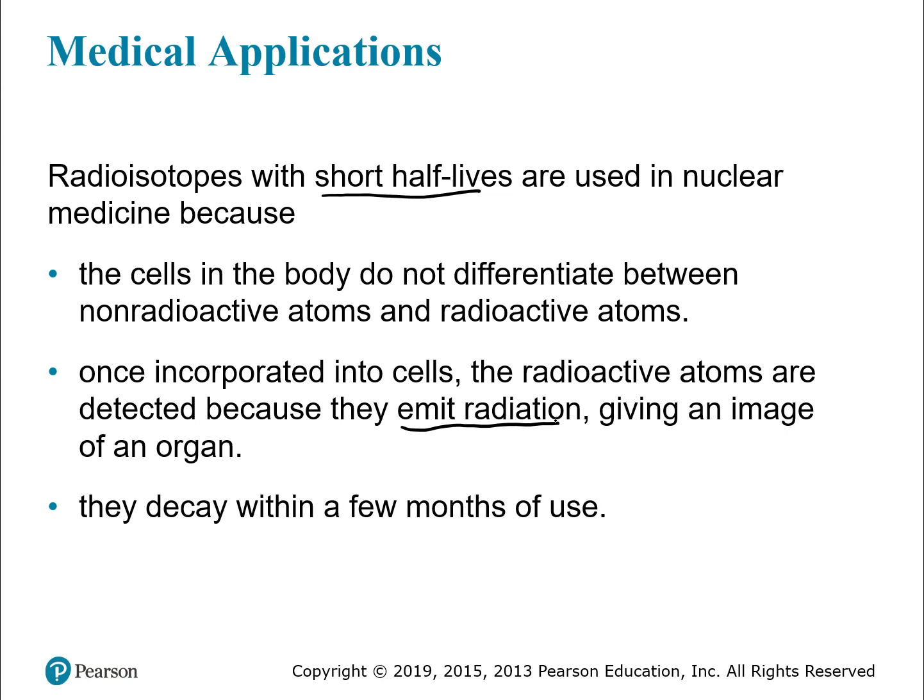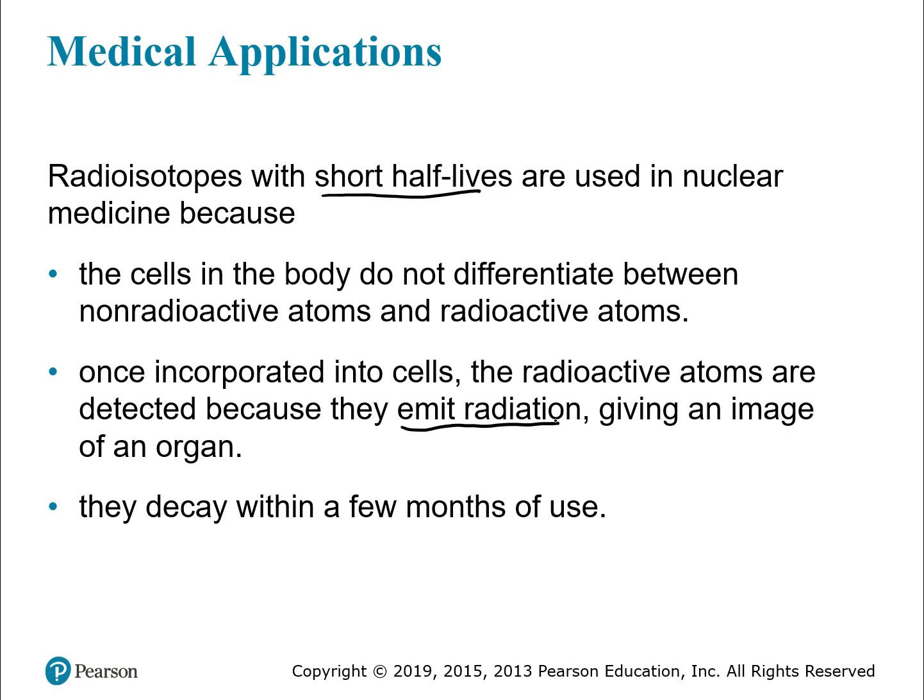But remember that radiation, we're giving off energy and we're giving off particles. And those particles can then bombard other atoms. So you can do some damage to your cells. You don't want a radioactive isotope in your body for years on end.